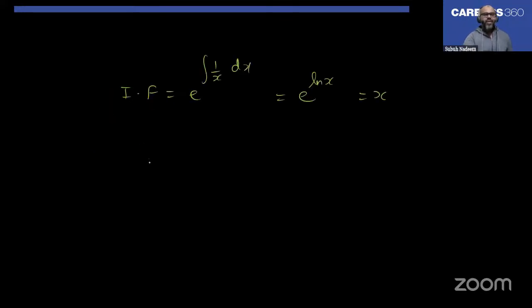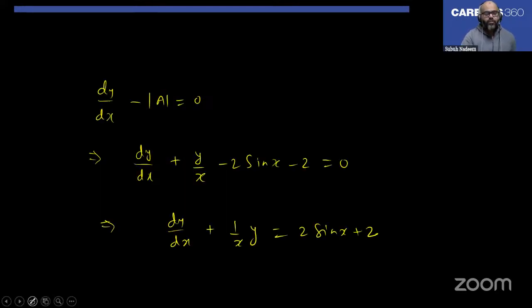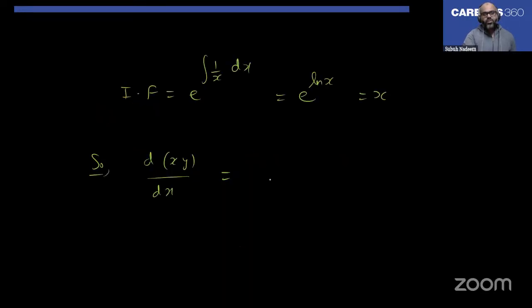Left hand side, what we will get? Derivative of x into y with respect to x. And right side will become 2 sin x plus 2 into x is there. So x here also, here also.